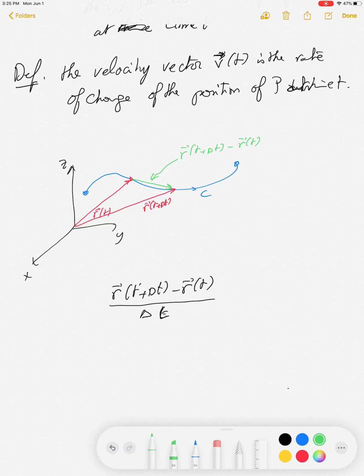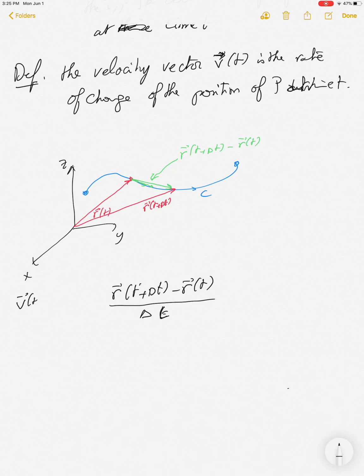If I make delta t smaller, this vector will become like this, and then like this. So this vector will become smaller and smaller, and also delta t will become smaller. So what will be the definition? My v of t will be the limit as delta t goes to 0 of r of t plus delta t minus r of t, divided by delta t.